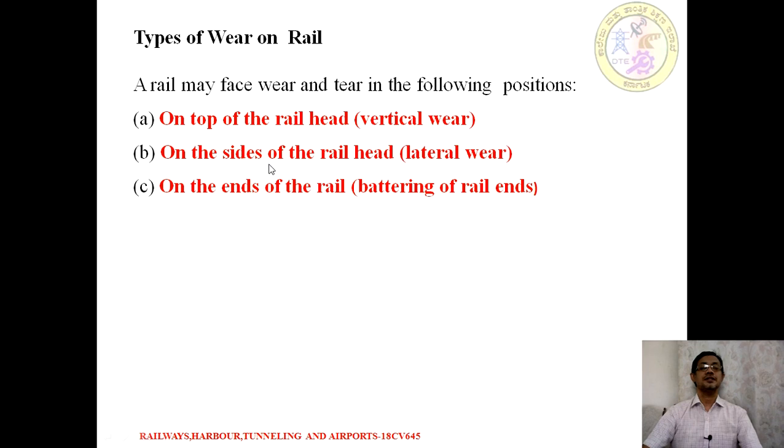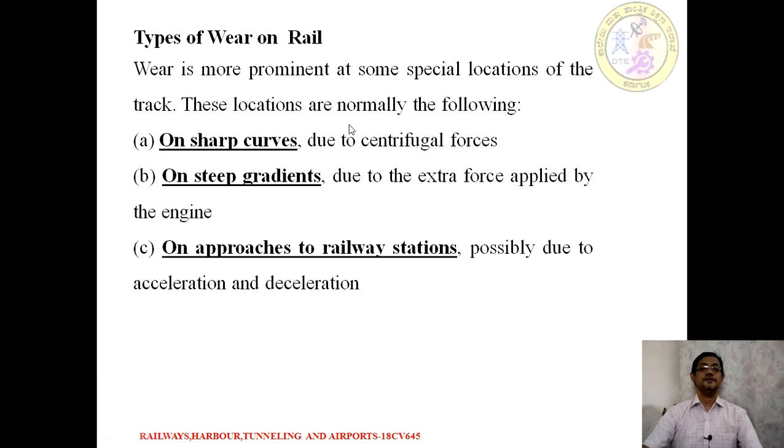If the sides of a rail head are worn out, it is called lateral wear. If the wear and tear is on the ends or edges of rails, it is called battering of rail head.